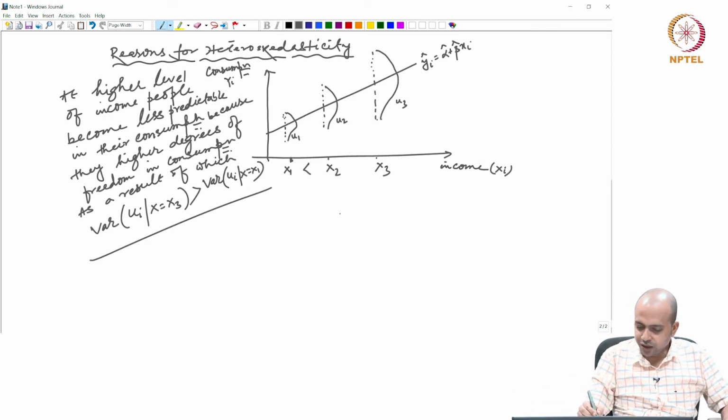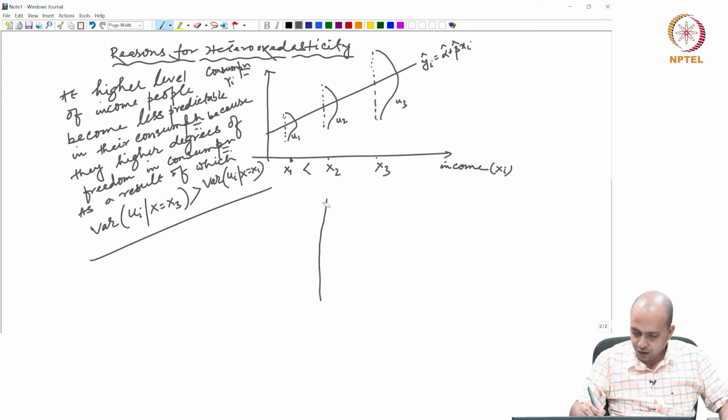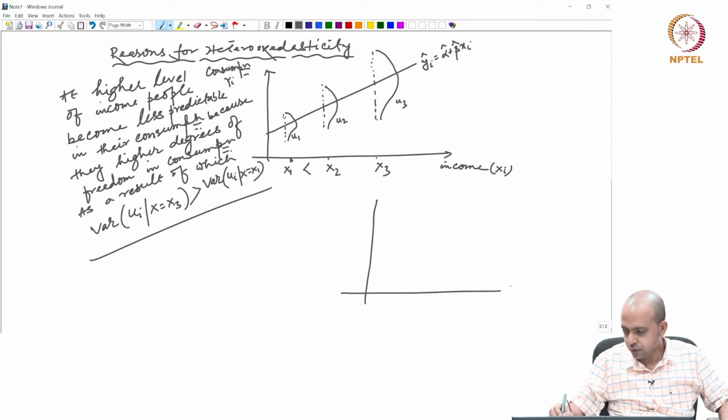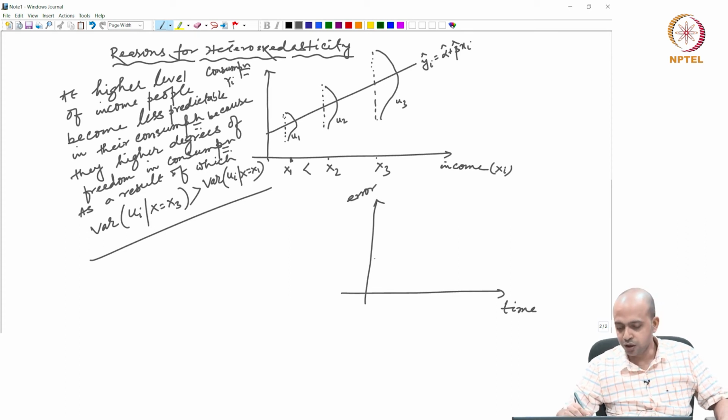Alternatively, I can give another example to explain heteroscedasticity. Let us say in this x axis I am measuring time, and in the y axis I am measuring the error that you may commit in your typing.